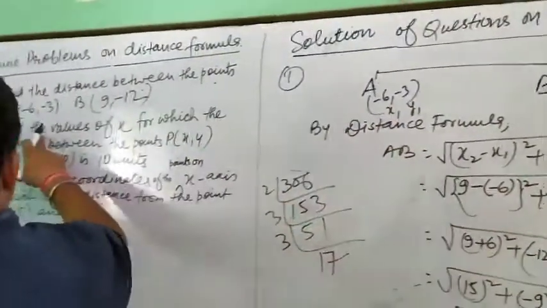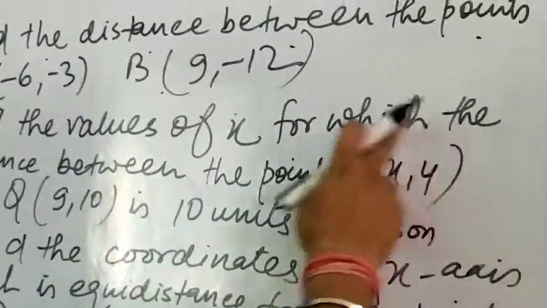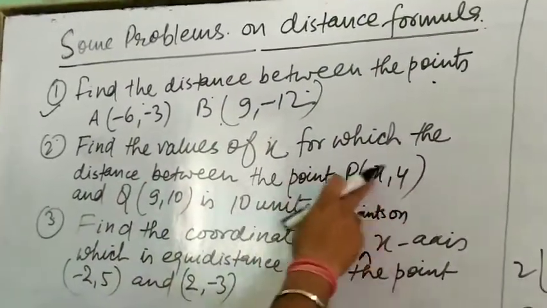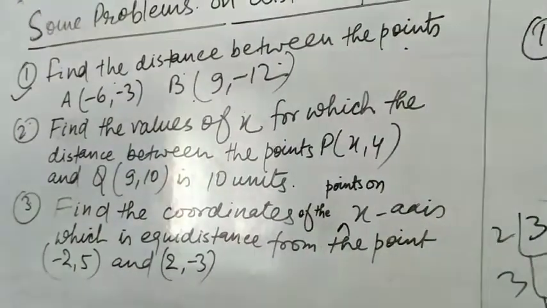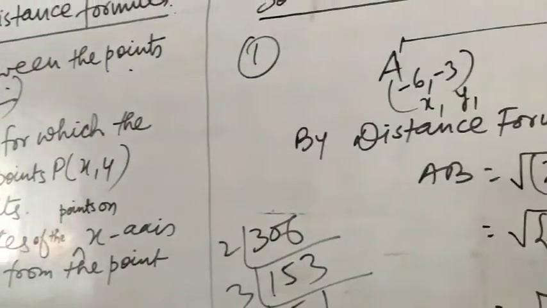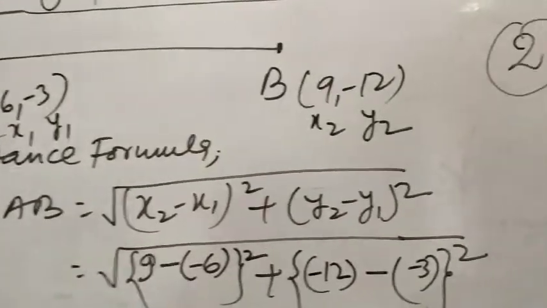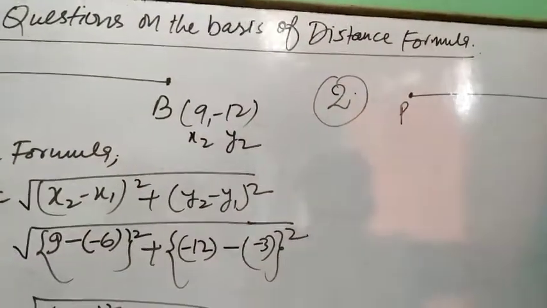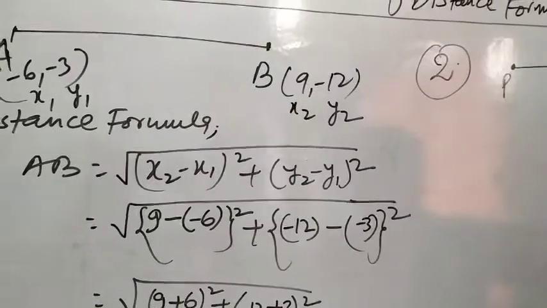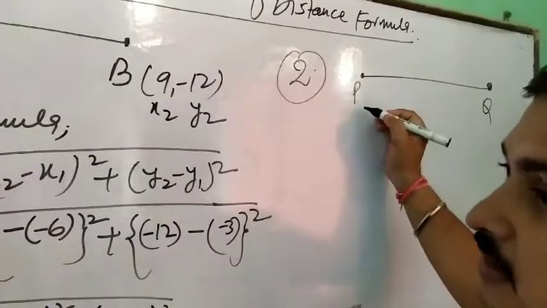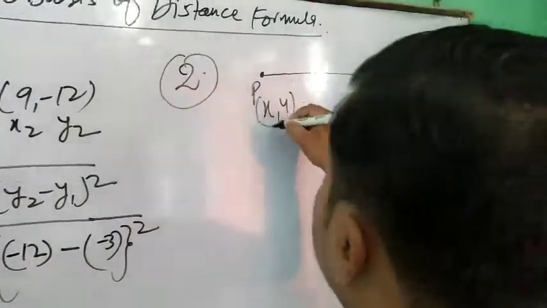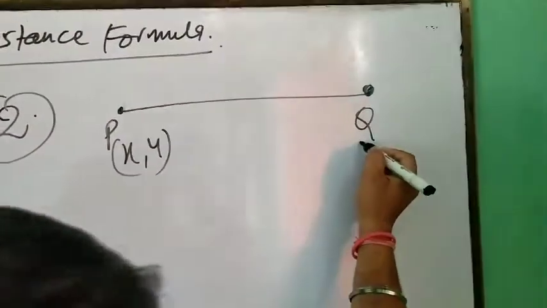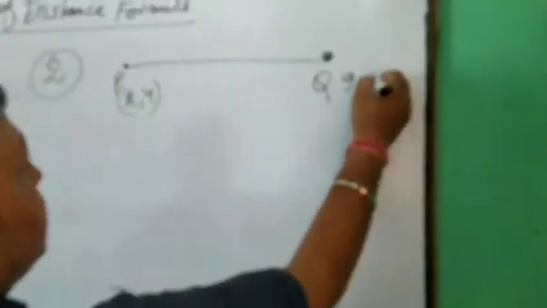In the second question: find the value of x for which the distance between the points P and Q is 10 units. Here is a point P and here is a point Q. That's the length or the distance. Coordinate of P is x, 4 and coordinate of Q equals 9, 10.